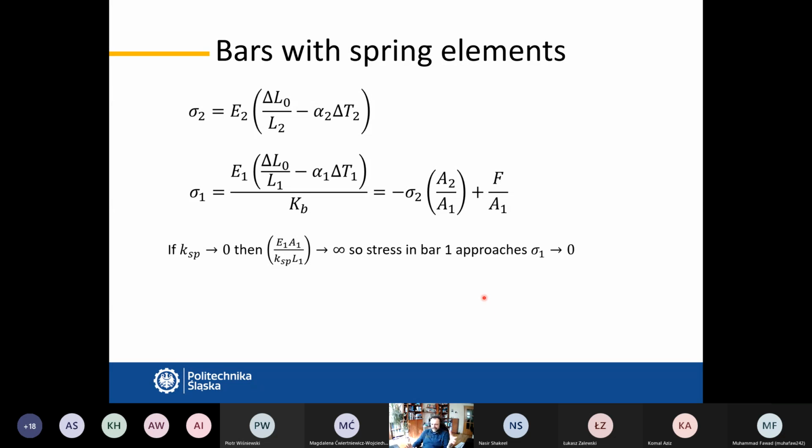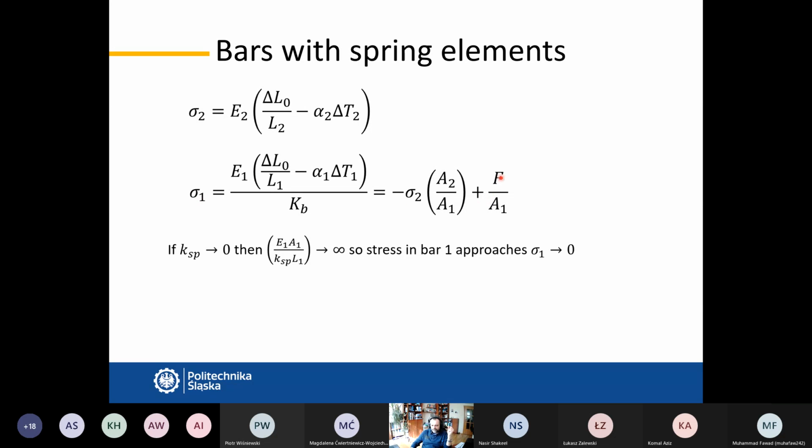So it looks like these bars are not connected to each other almost. And at least in bar number 1, stress approaches 0. Because if K spring reaches 0, this factor is very, very big. And whatever it is, if this is infinitely big, sigma 1 approaches 0.